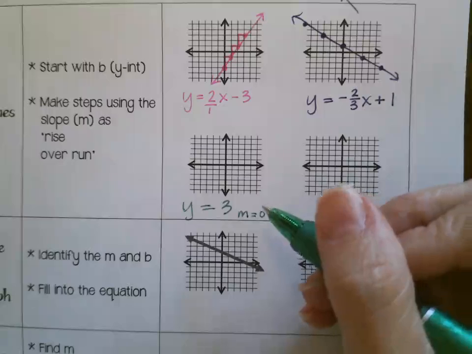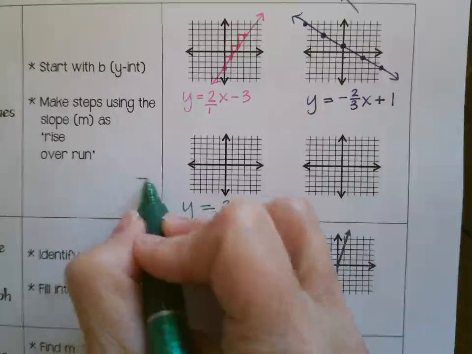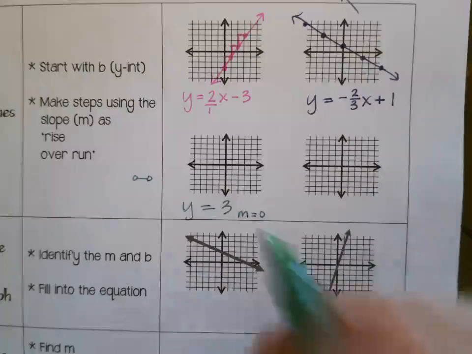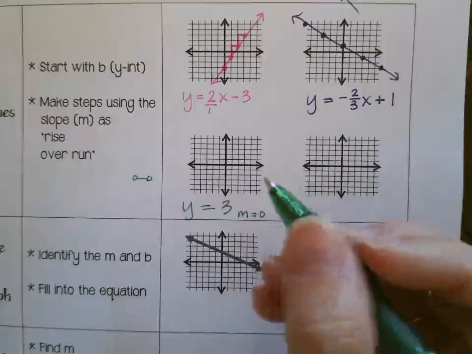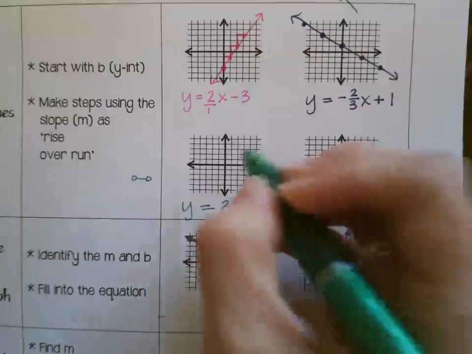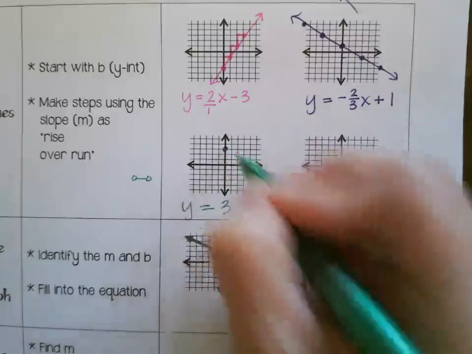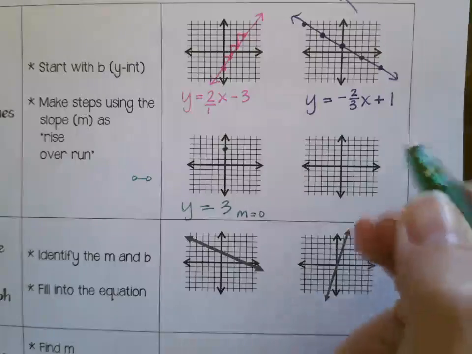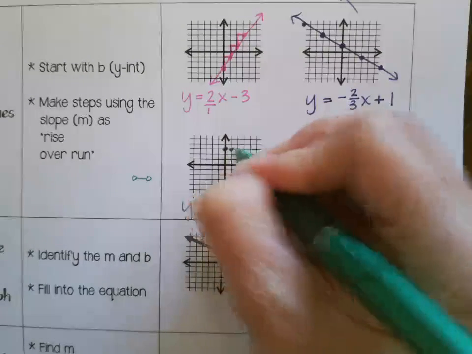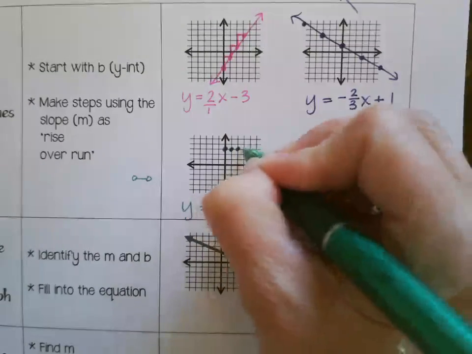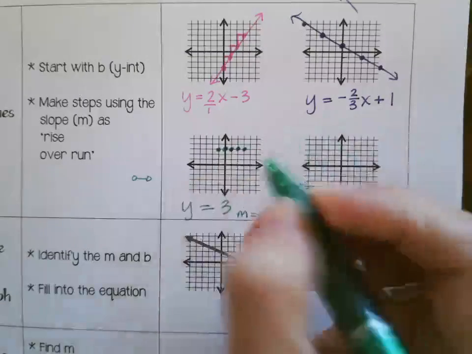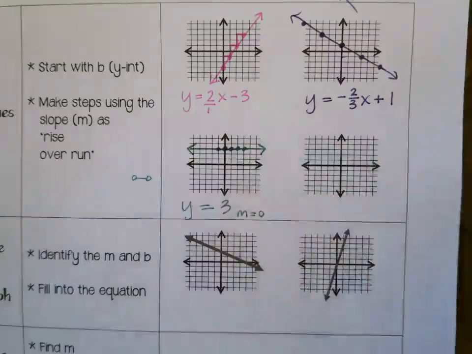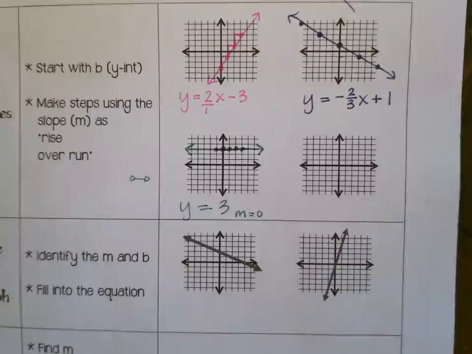And if I also remember my Mr. Slope, I know that his mouth was made up of 0 because it was a horizontal line. So this is my y-intercept, which is still at 3. My y is 3, so I put a 3 on a y. I can put another 3, here's another y, and another. And now I have a horizontal line that is 0 fun to ski on.